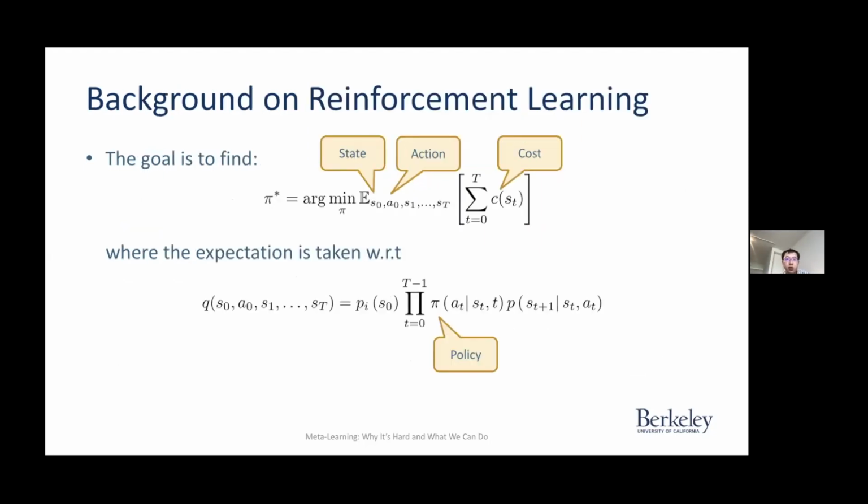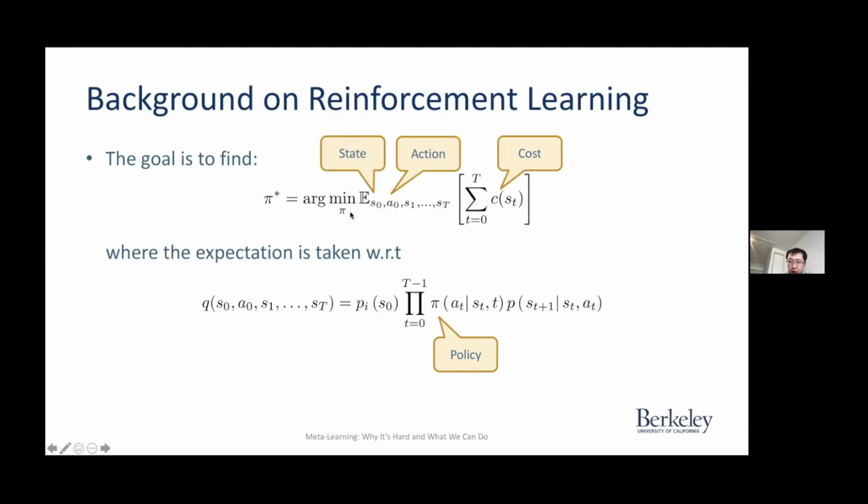Okay, so background on reinforcement learning. The goal of reinforcement learning is to solve this optimization problem. Here the objective is an expectation taken over all sequences of state and action pairs. We have initial states, we take an action, we get to the next state, et cetera.